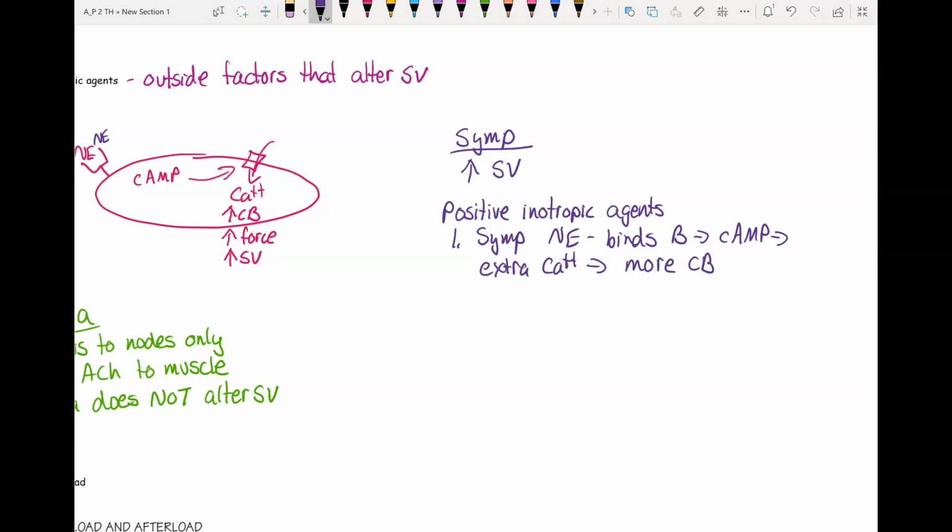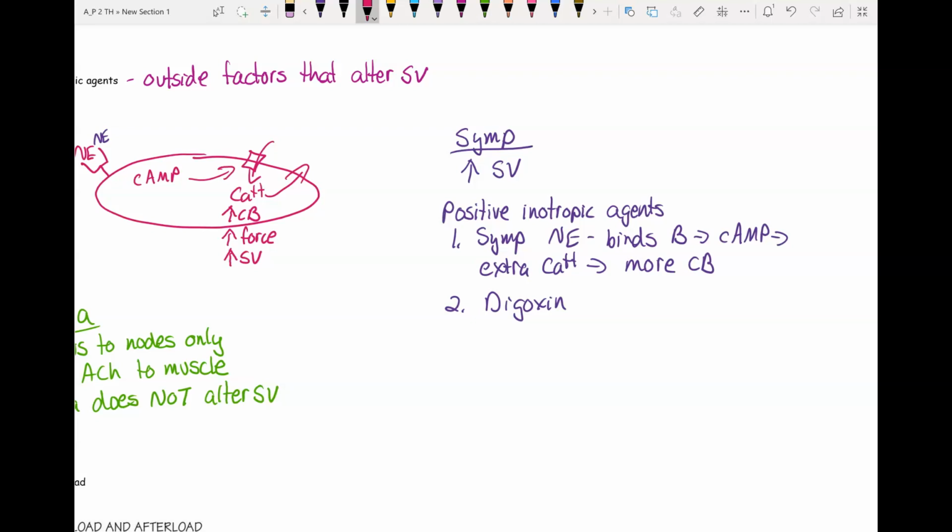Okay, another positive inotropic agent is one you already know, the digoxin. Because remember, it traps the calcium inside. The calcium can't get back out. So under normal circumstances, the calcium comes in and then it goes back out. So with each heartbeat, that calcium is constantly moving in and out.